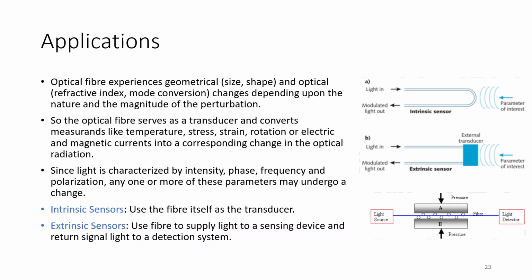And since light is characterized by intensity, phase, frequency, and polarization, any one or more of these parameters may undergo a change. Intrinsic sensors use the fiber itself as a transducer. Extrinsic sensors use fiber to supply light to a sensing device and return signal light to a detection system.